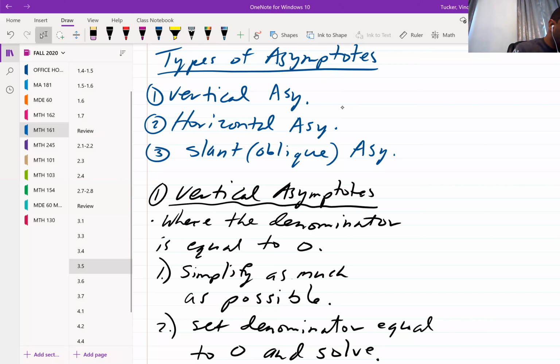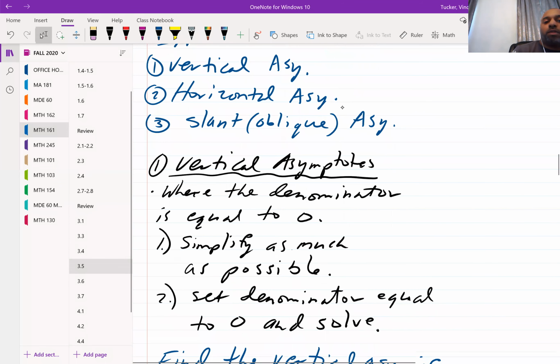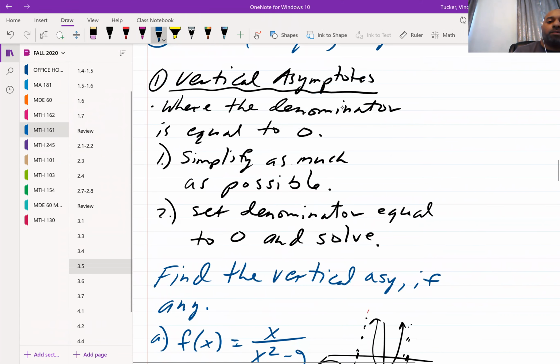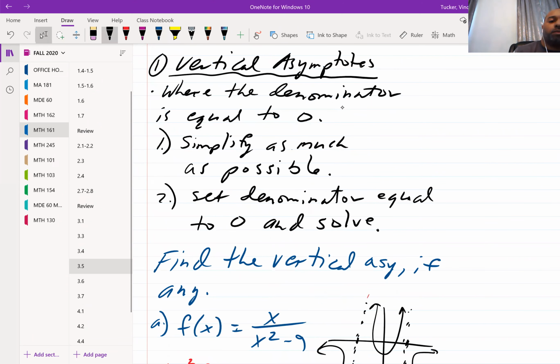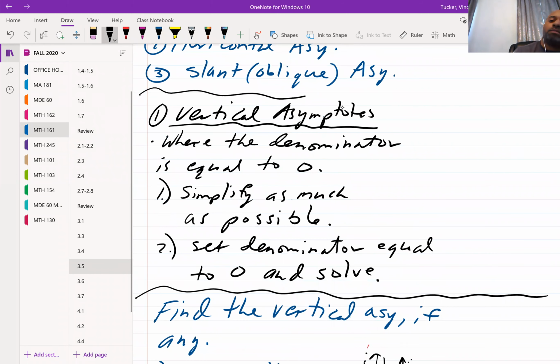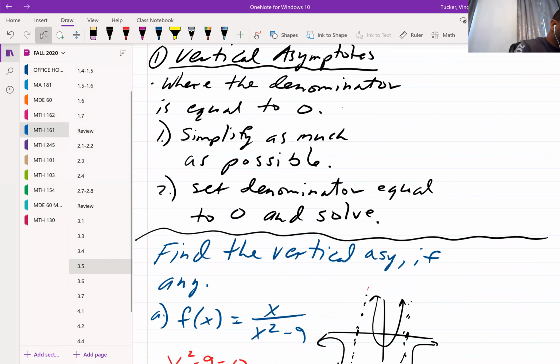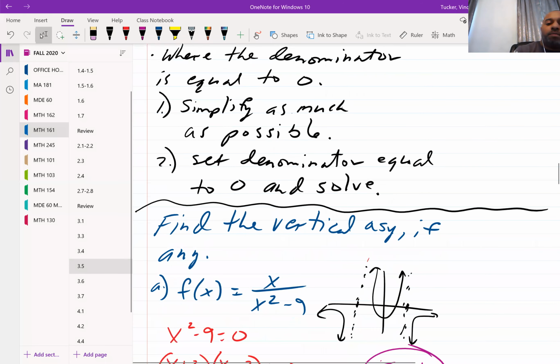So yep, it's the same thing. All right, so find vertical asymptotes, if any.